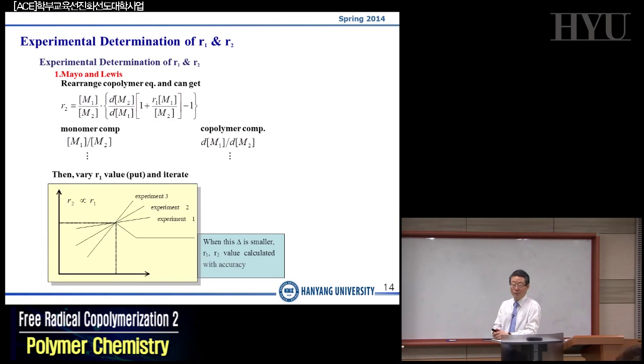Okay? Assuming that you know M1 and M2, because M1 and M2 is the monomer concentration in the feed, okay? Whereas dM1 and dM2 could be the monomer concentration in the copolymer systems, okay?